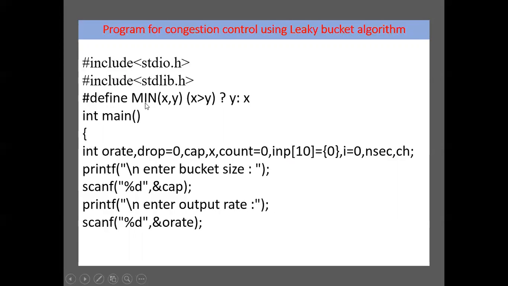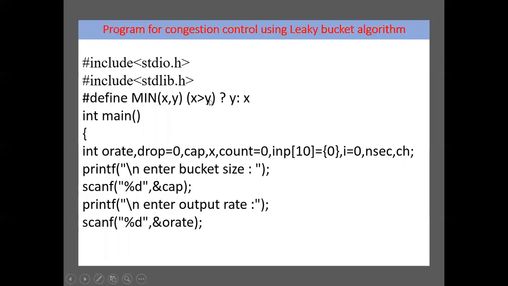We are defining a function here, the minimum function. Later in the program, we will use this. Define minimum x comma y. Here two inputs are there, x comma y. If x is greater than y, then the minimum value is y.